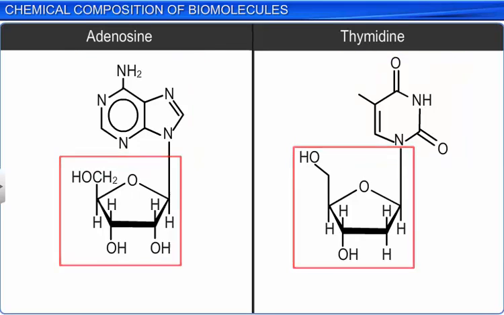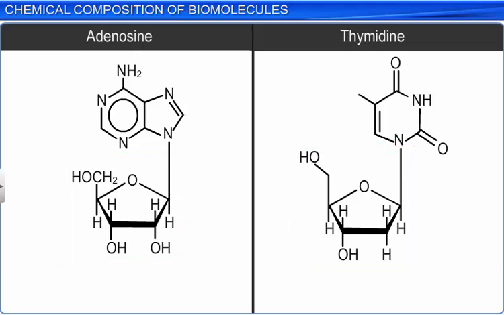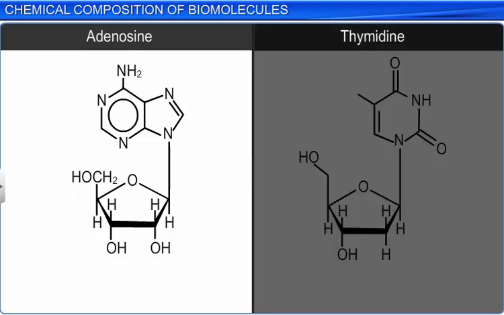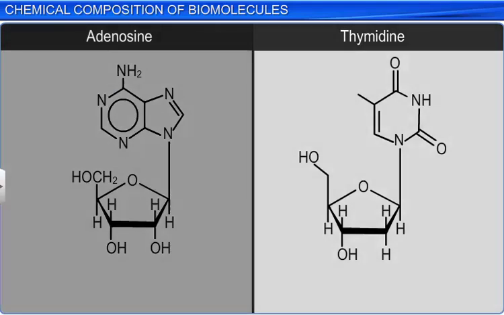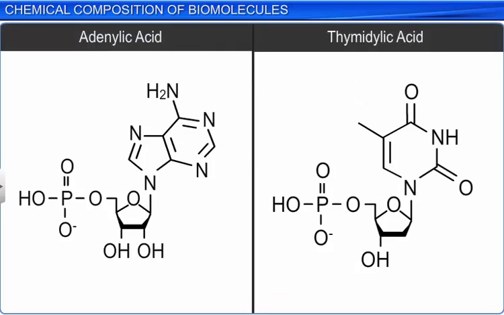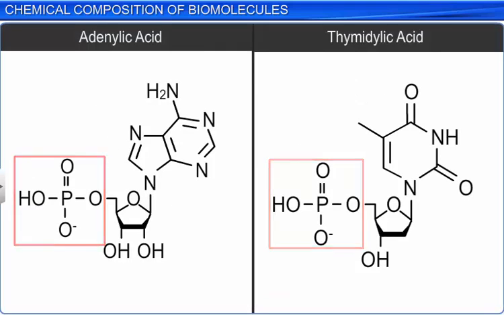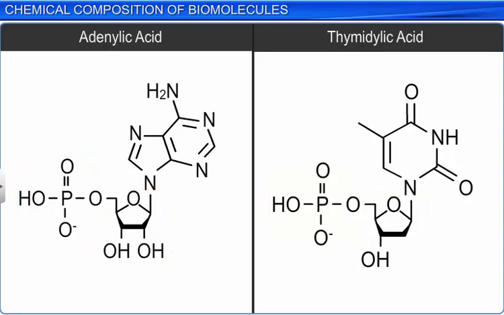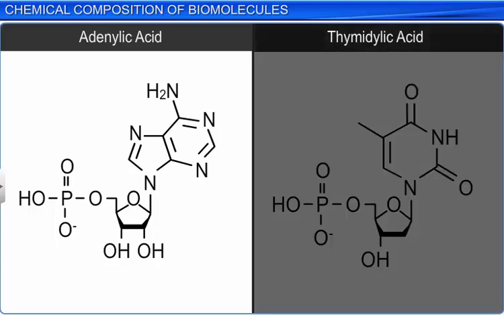For example, adenosine and thymidine. On the other hand, if a phosphate group is also found esterified to a sugar, they are called nucleotides such as adenylic acid and thymidyllic acid.